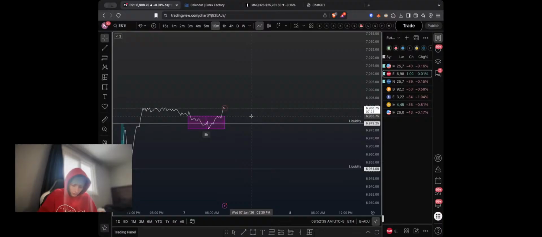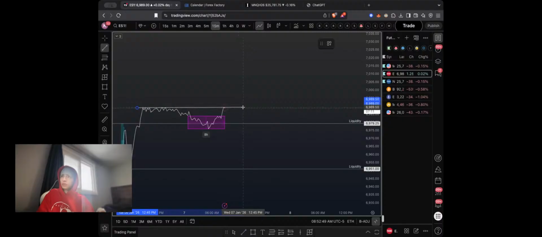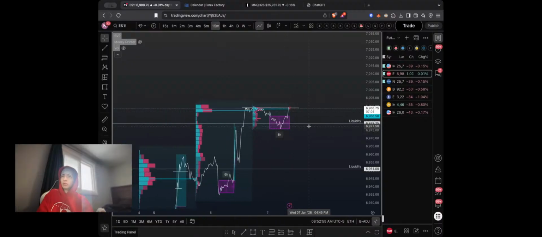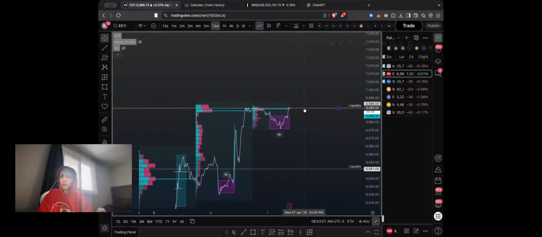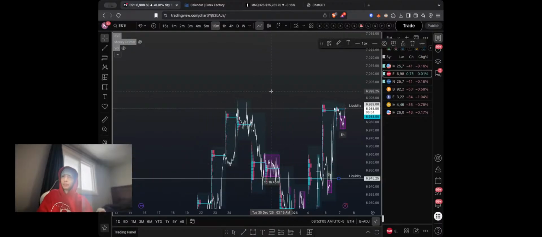Have that breakout already happening from looks like what news is, but then we have this level here that it's holding. So I just want to keep an eye off of that. We're gonna mark our liquidity levels. Liquidity level right here as well. So you can just take that off. Liquidity level right here. Next liquidity level right here.